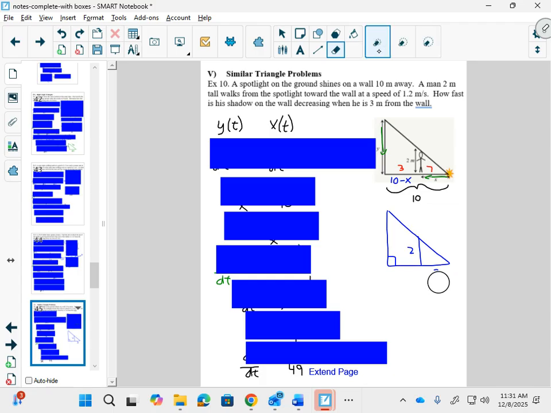So we often draw one situation, which is our general, and then draw a second diagram which shows the specifics. We want to know when the man is 3 meters from the wall. This is our specific case.